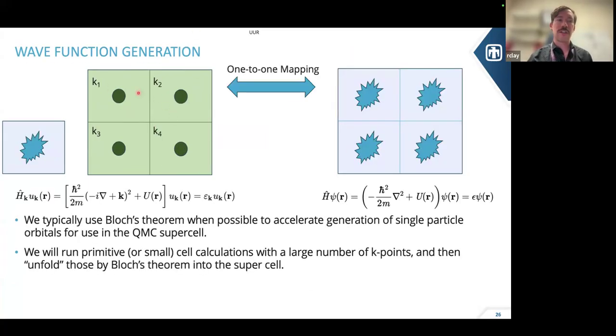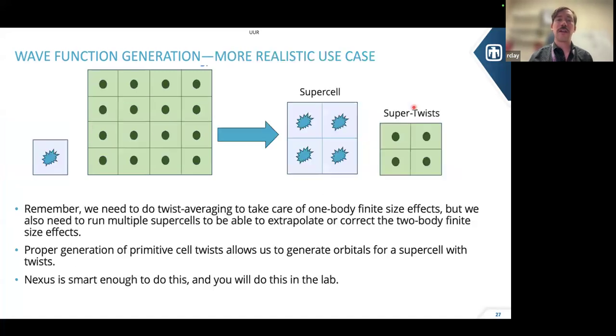We're not just doing a limited K-point calculation and unfolding it, because that would imply this is periodic in this 2x2 cell. Usually I want to do a 2x2 supercell, and I also want to make sure it's twist averaged.